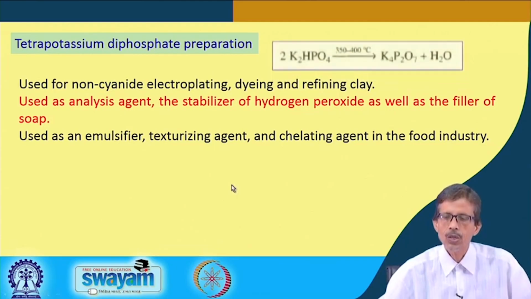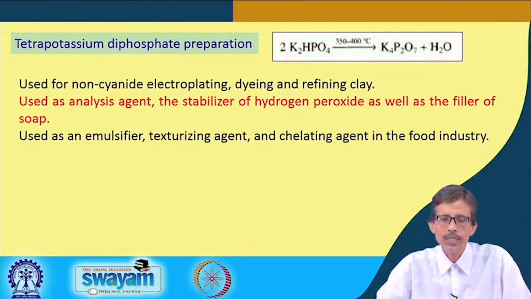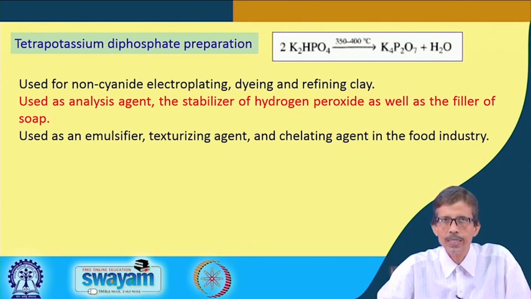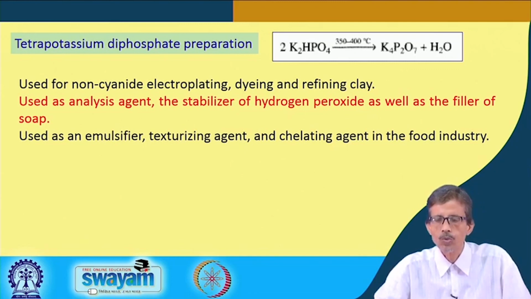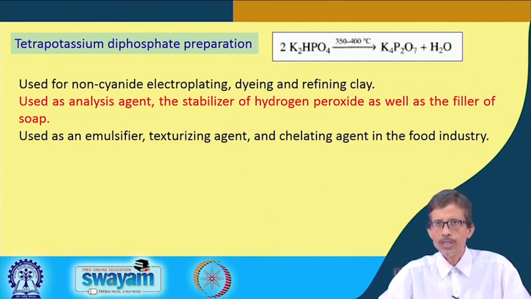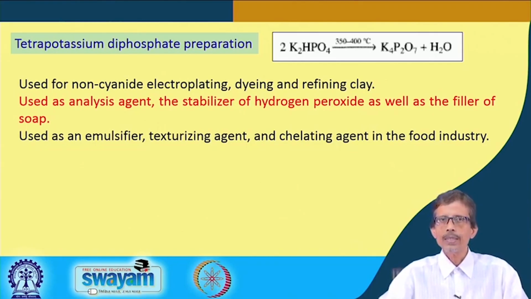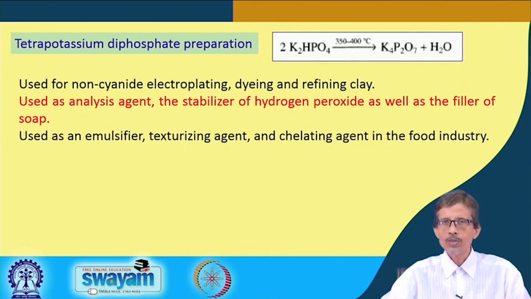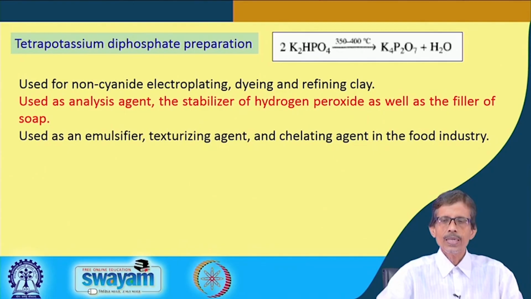So what we can do for this preparation, the diphosphate preparation as the tetrapotassium salt, is use dipotassium hydrogen phosphate. In our previous class, we have discussed in an elaborate fashion how we can get the different types, that means at least 3 types, the monosodium, the disodium and the trisodium salts of phosphoric acid.